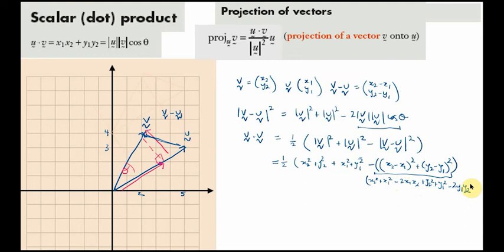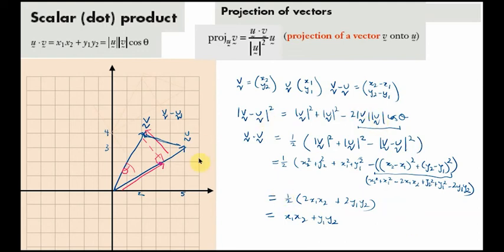We're subtracting that from this part, and you can see that all of those terms cancel out, leaving us with half times 2 x1 x2 plus 2 y1 y2, which gives us the component form of the dot product, x1 x2 plus y1 y2.